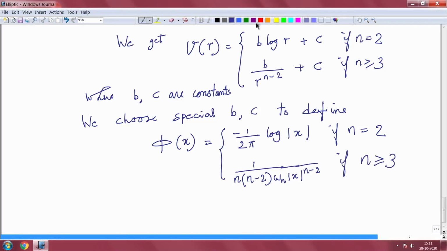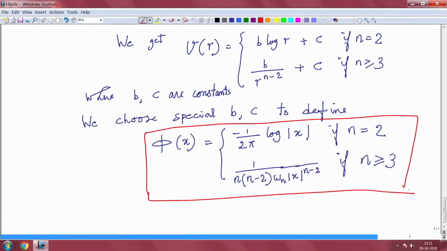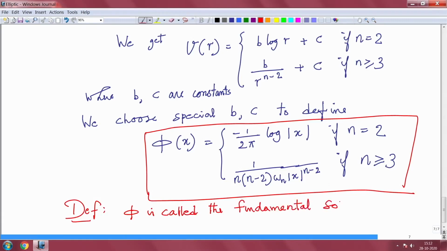Okay. So, you have this one; it is better to remember this. Then the definition: phi is called the fundamental solution of minus Laplacian.